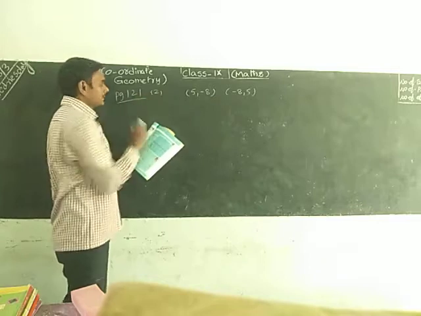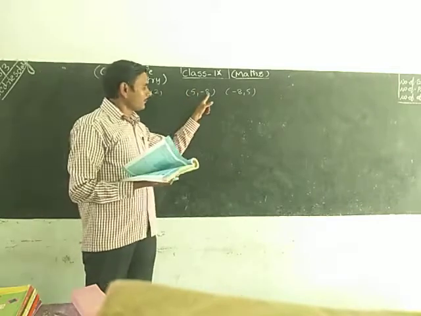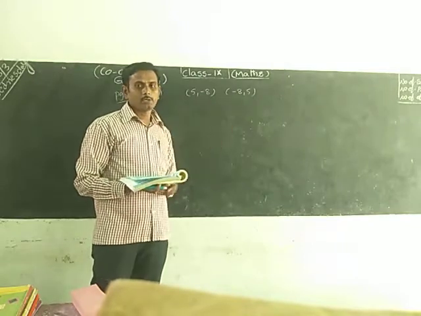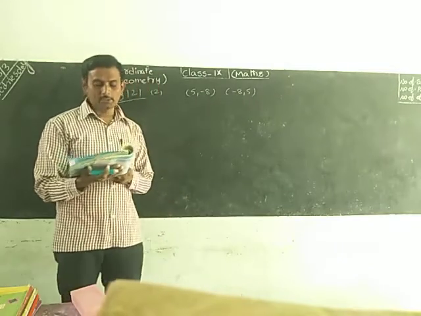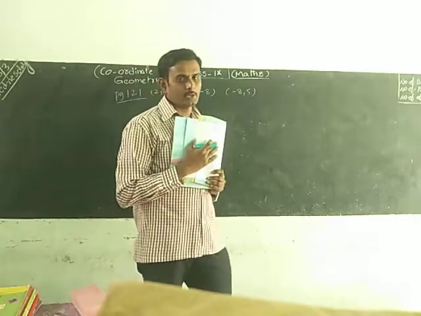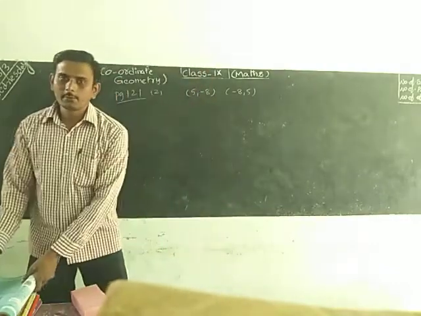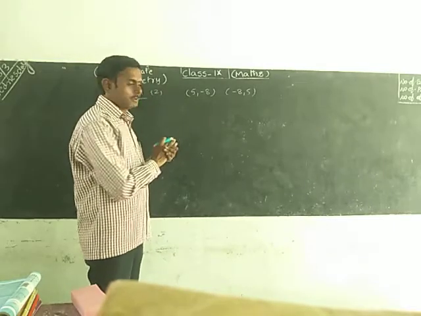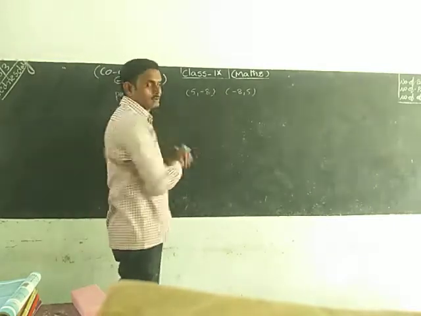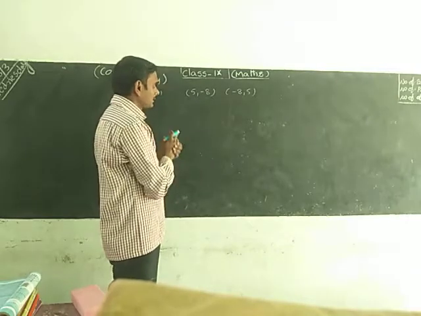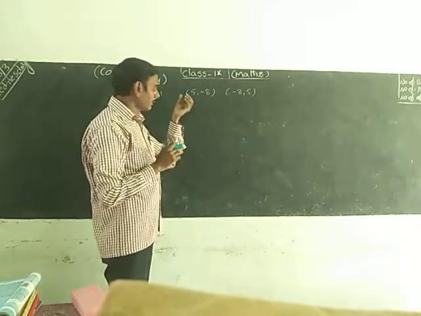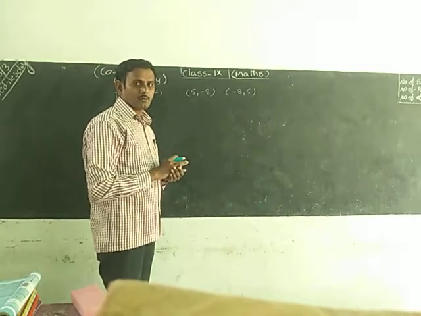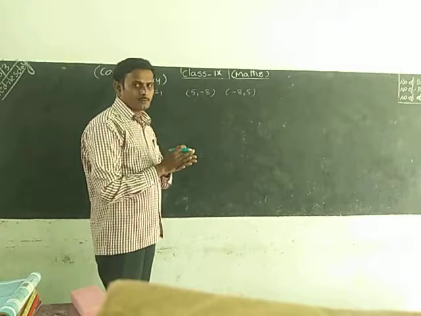Are 5 comma minus 8 and minus 8 comma 5 the same points, the same position? We have to say yes or no. Can you say those are the same points? By seeing, we can identify the same numbers, 5, 5, minus 8, minus 8. Since the numbers are the same, can you say those are the same position?